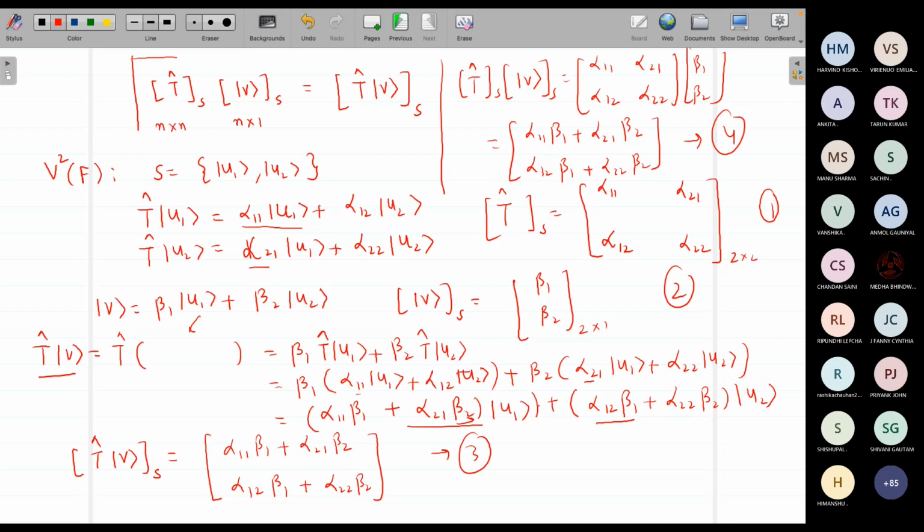This is an important point. We will start with the numericals in tomorrow's class to cement what we have done. We have tried to see that if we know the application of our linear operator on the basis vectors, then we know the application of the linear operator on any generic vector in that space. All we need to remember is the operation on the basis, and linearity will allow us to do the rest of the things.